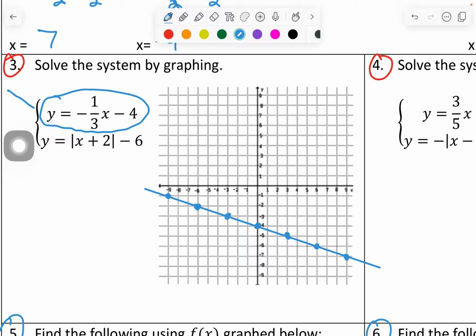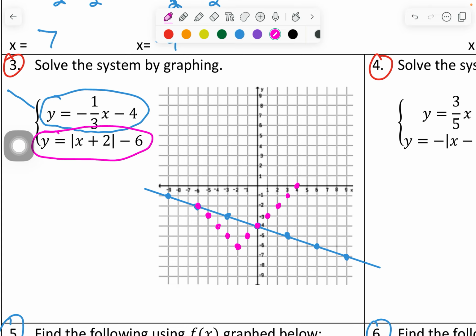Then in the calculator, you can type in this one. You should get a V at -2, -6. The slope is 1, so you go up 1 over 1, up 1 over 1, up 1 over 1.